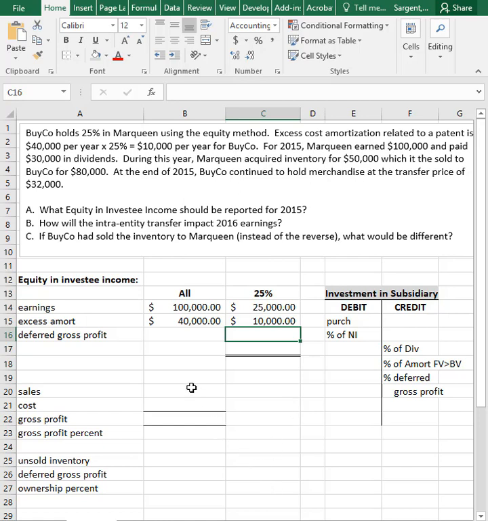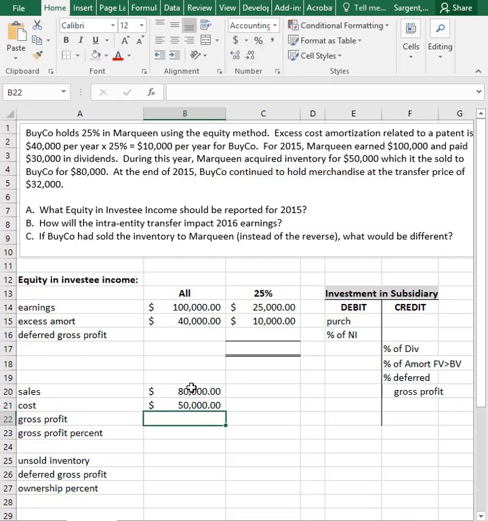So how do we do that? Well, the first thing we have to do is estimate what the gross profit percent is, and then we use that percent times whatever ending inventory, if there is any, that's unsold at the end of the year. So let's see, the sales, they tell us that the subsidiary sold to BuyCo for $80,000, and the cost to the seller was $50,000.